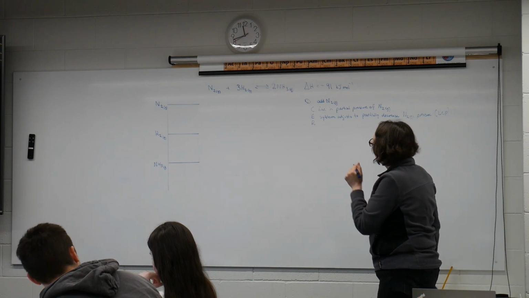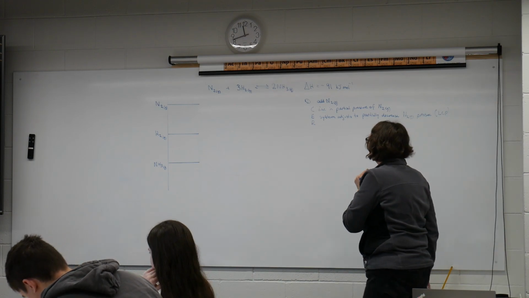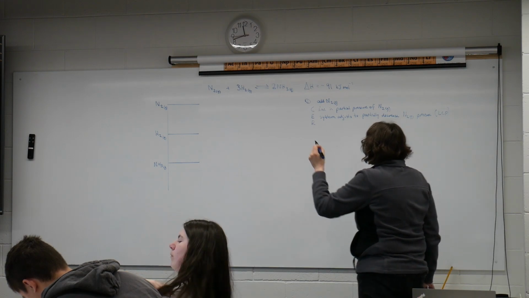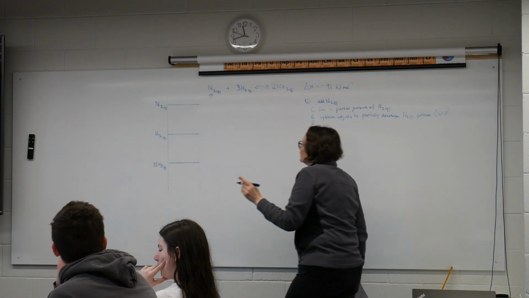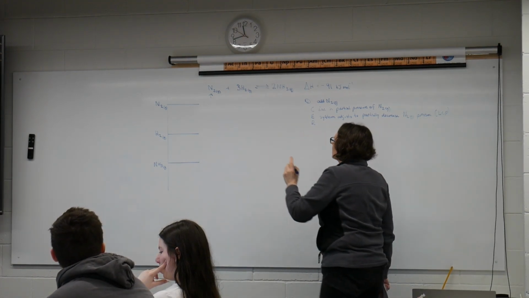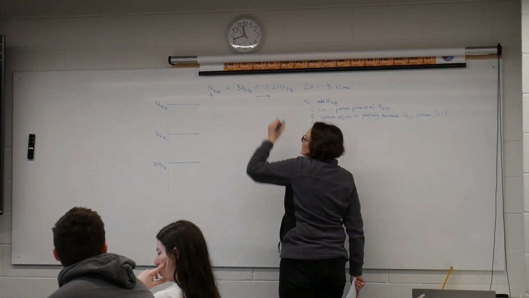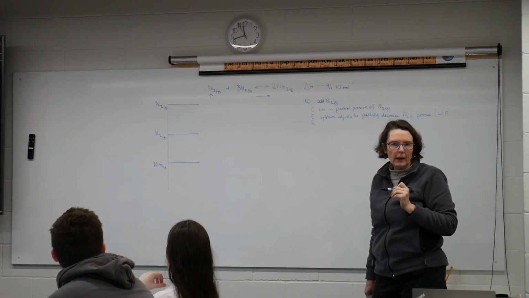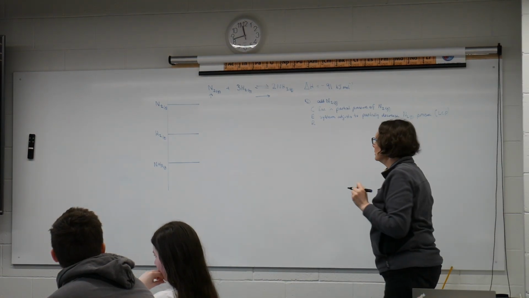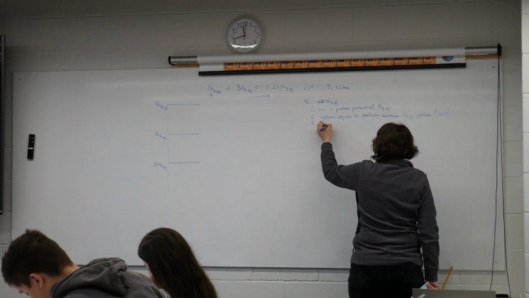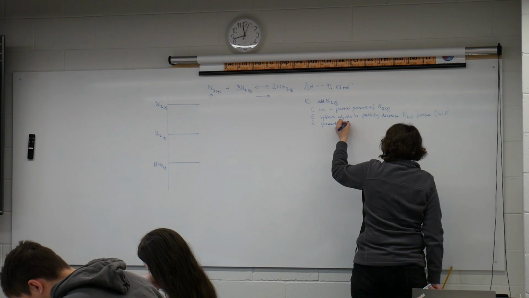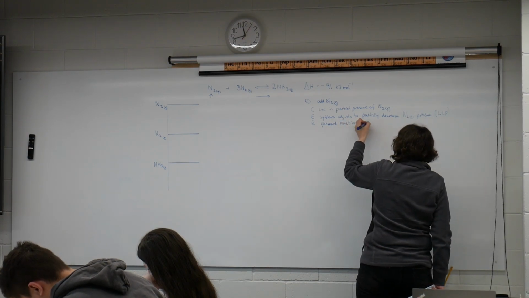Now what's going to happen to our graph? Well, we've increased our nitrogen, and the system is going to adjust to partially decrease the nitrogen. So we must be favouring the forward reaction, mustn't we? So the forward reaction is favoured.